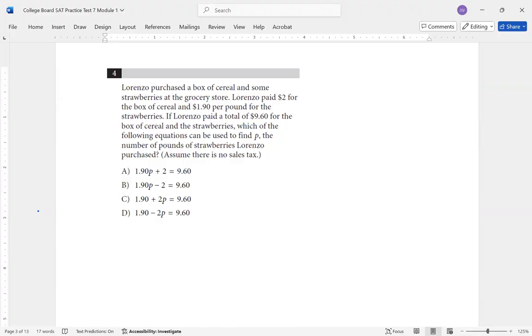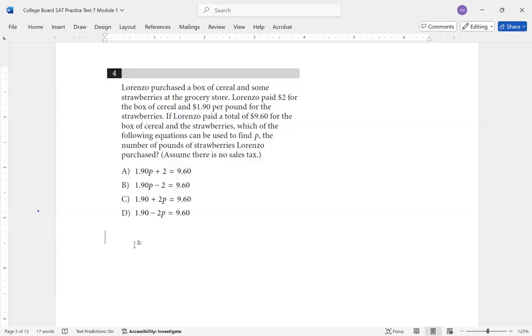Question 4. Lorenzo purchased a box of cereal and some strawberries at a grocery store. Lorenzo paid $2 for the box of cereal and $1.90 per pound for the strawberries. If Lorenzo paid a total of $9.60 for the box of cereal and the strawberries, which of the following equations can be used to find P, the number of pounds of strawberries Lorenzo purchased?